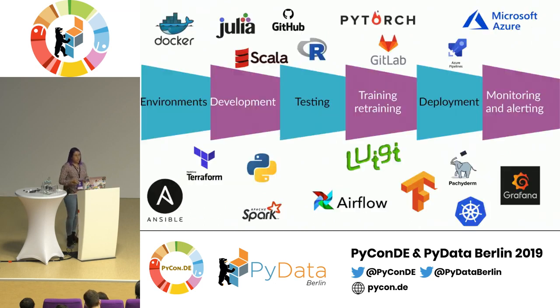So that way you can bring all of the beauty of our vast data science ecosystem and machine learning ecosystem to build robust pipelines, to build robust MLOps platforms. And this platform should take care of your environment, of your development, of your testing, training and retraining of your models, deployment, and all monitoring and alerting.